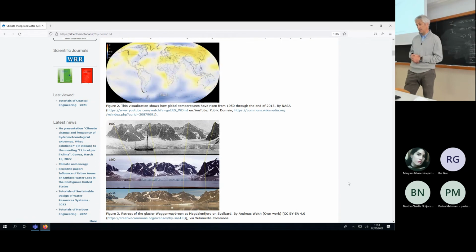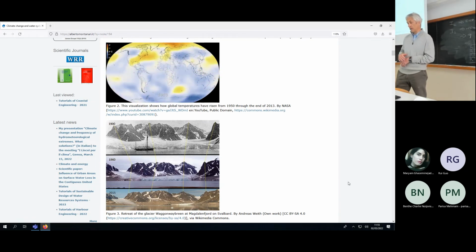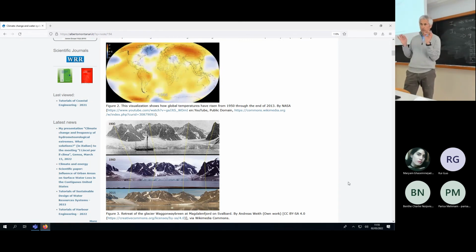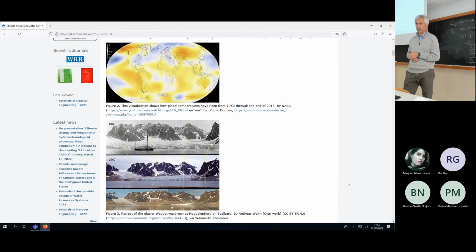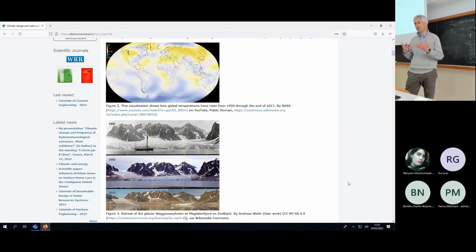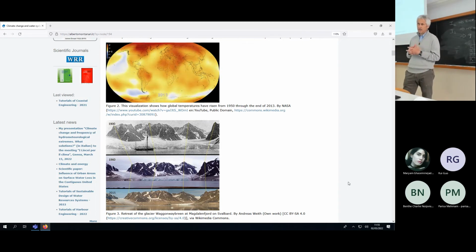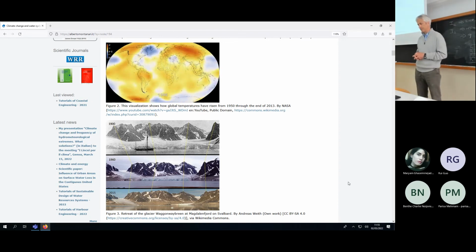Data say that the increase of temperature from 1850, from the pre-industrial period, is now about, in global terms, 1.2 degrees centigrade. The average temperature of Earth is about 14.5, I think. So there has been an increase in 150 years of about 1.2.